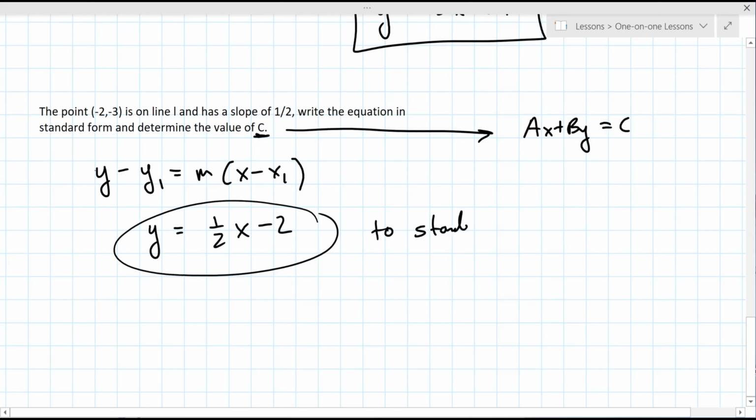You move the 1/2 x over, but you can't have a negative, so you have to multiply. You can't have a fraction either, so you have to multiply by 2. Good. That gets that out, and that out. So it'd be x minus 2y equals 4. So what's the value of c here?